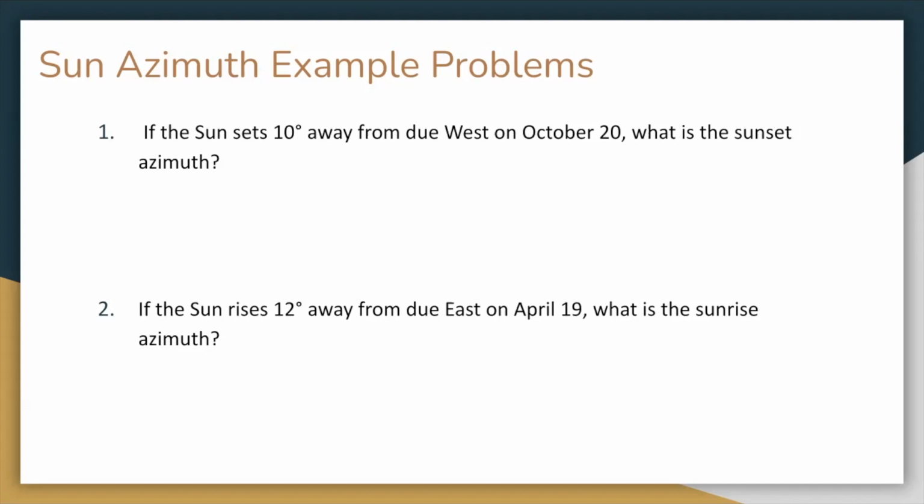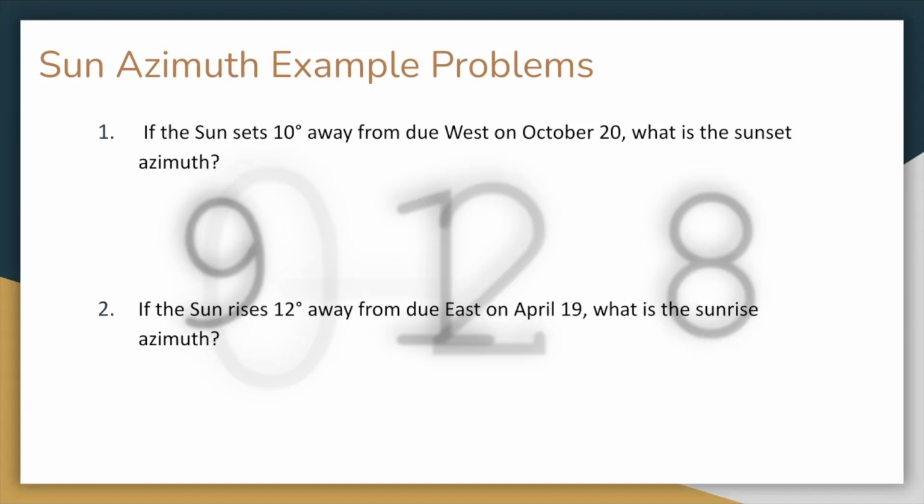Well, east has an azimuth of 90 degrees. And if it's rising in the spring and summer, we're going this way and we're going to have to subtract again.